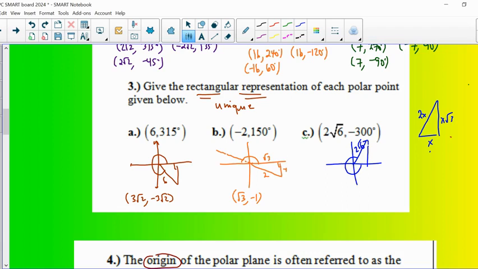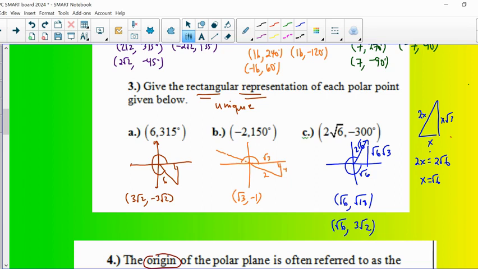So if my 2x is equal to 2 root 6, my x must be root 6. So I know this distance down here is root 6. And this would be x root 3, so root 6 times root 3 is root 18. So the coordinates would be root 6 comma root 18, or root 6 comma 3 root 2.